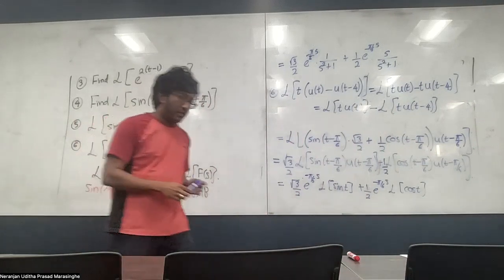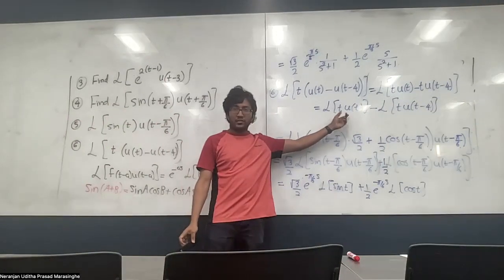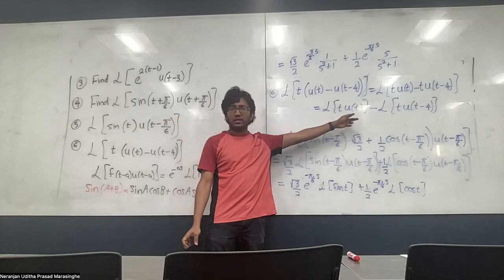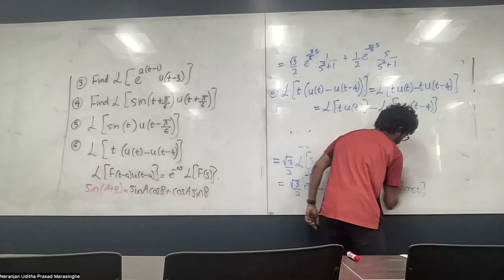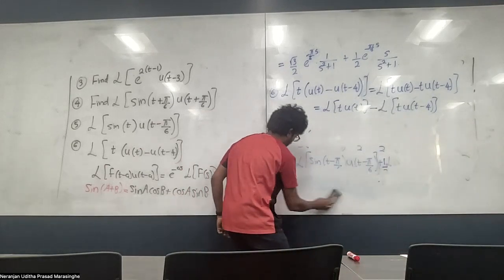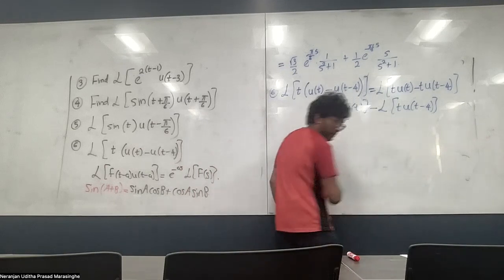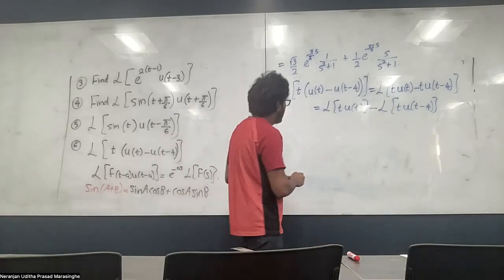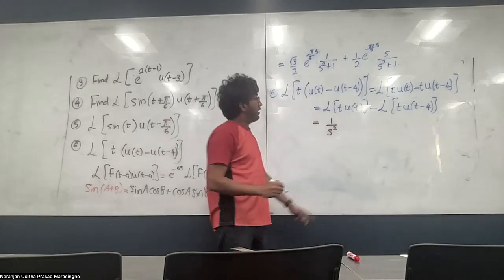Now after we reach this point, we can write down the Laplace of this term. It's easy. What is the Laplace of t times u(t)? 1 over s square.